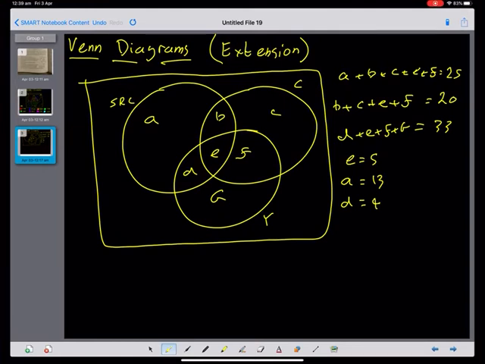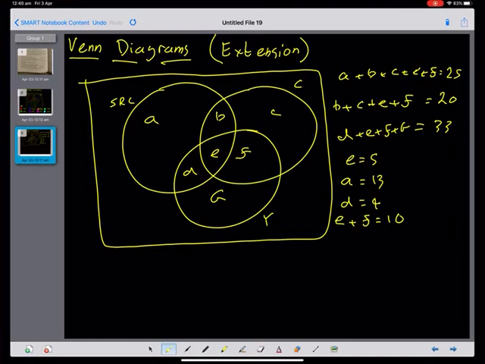Okay, now this is where it gets a bit tricksy-dixy. We are told that 10 members belong to both yoga and chess. So we get E plus F is equal to 10.